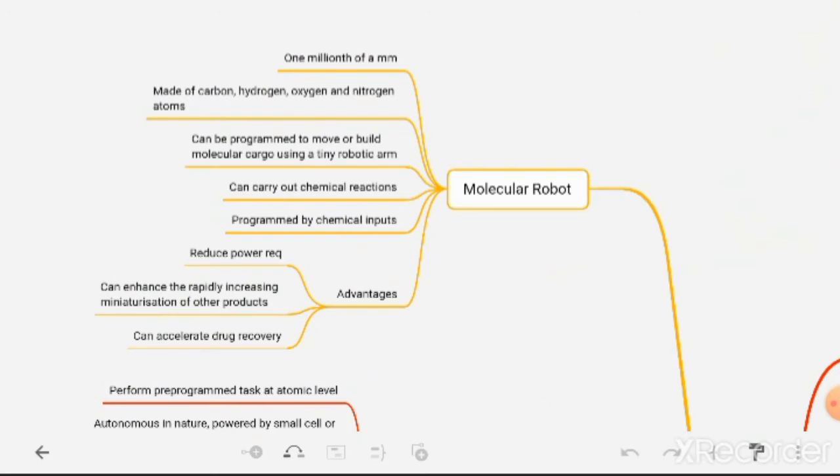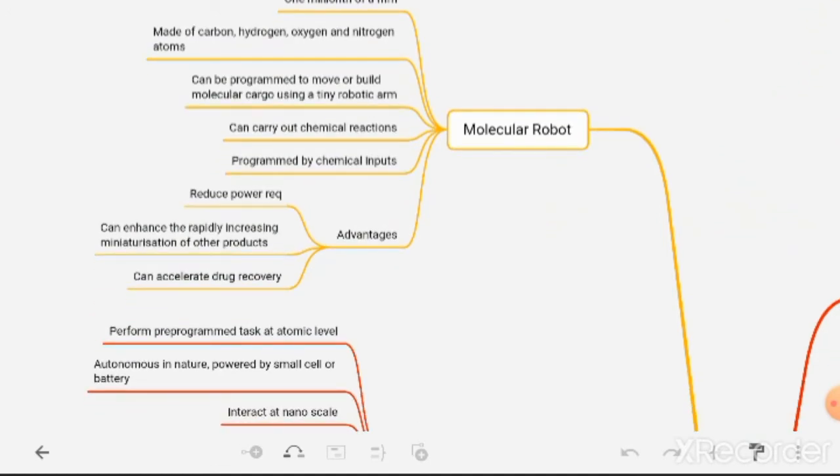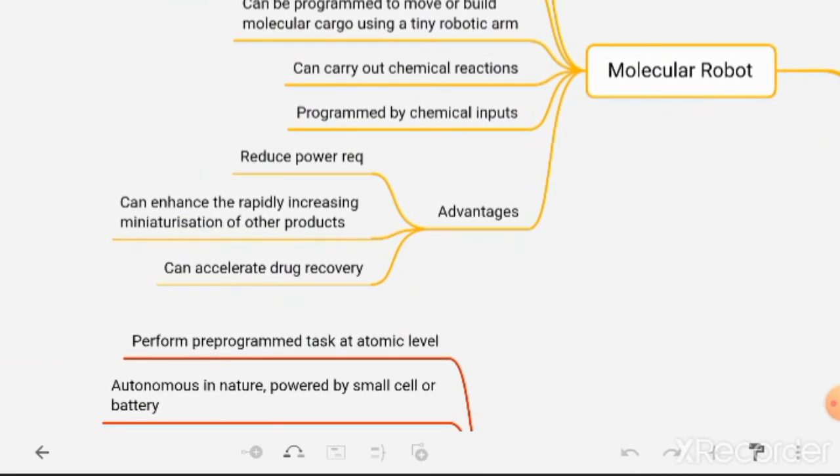In the body, if you want to carry out some chemical reactions, like giving medicine or something, we can use this. The chemical reaction is programmed by chemical input. So wherever the problem is, what are the advantages? Reduced power required.